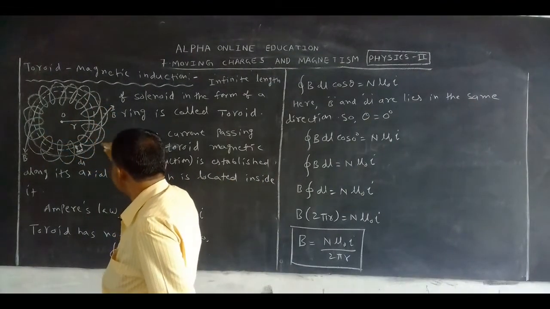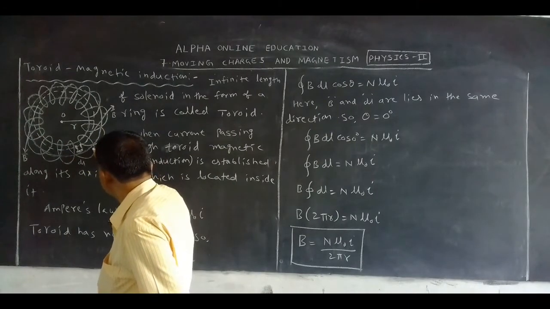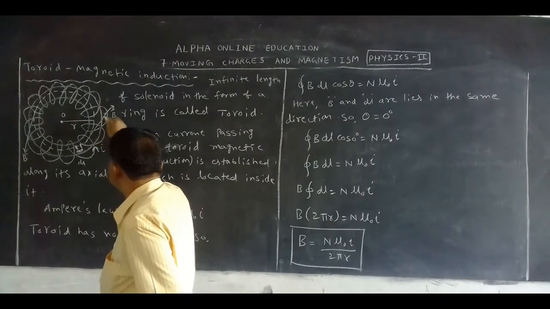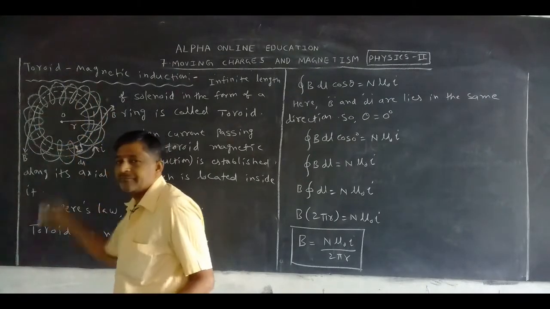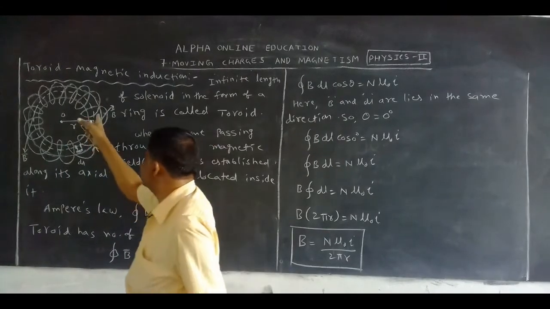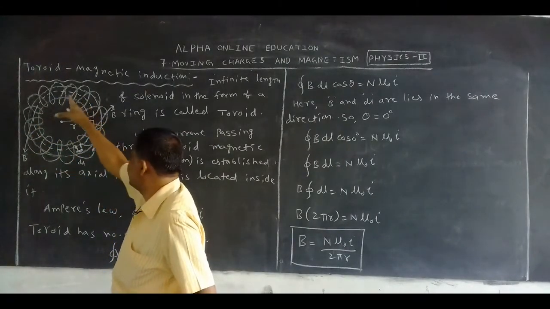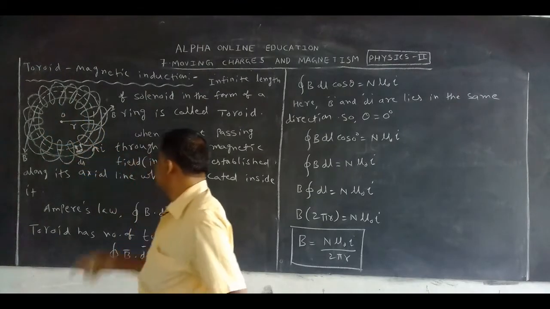When current is passing through the toroid, a magnetic field is established along its axial line. This dotted line is the magnetic field.